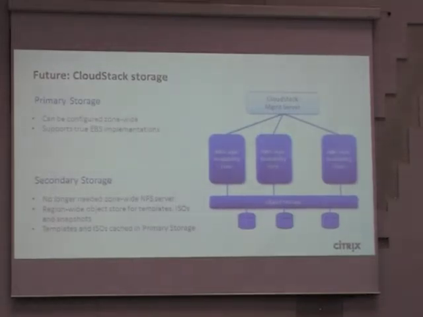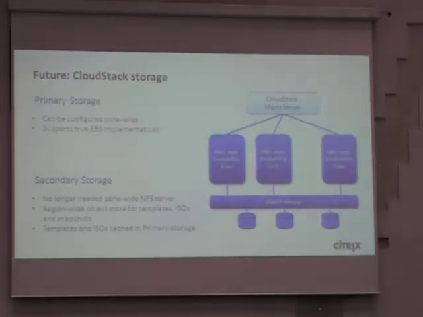Going forward, a lot of customers want to utilize features like storage migration and capabilities of EBS, Elastic Block Store. There are lots of vendors, like in Japan, VA Linux, that have been developing Elastic Block Storage technologies on Hitachi that we're able to incorporate. So we want to make sure that primary store can span the entire zone, not just one cluster.